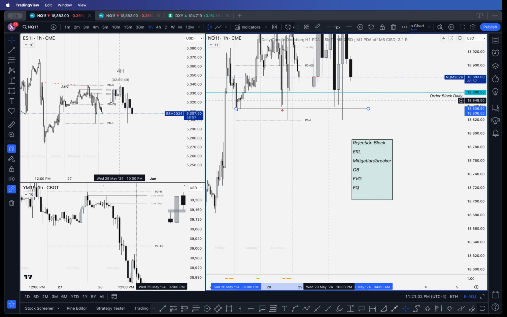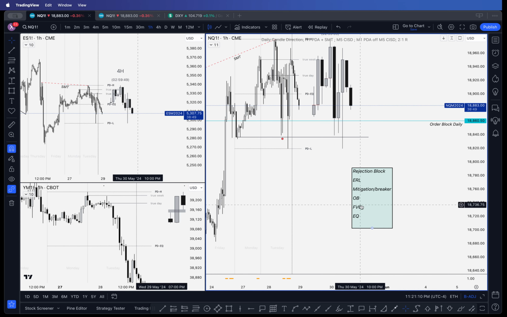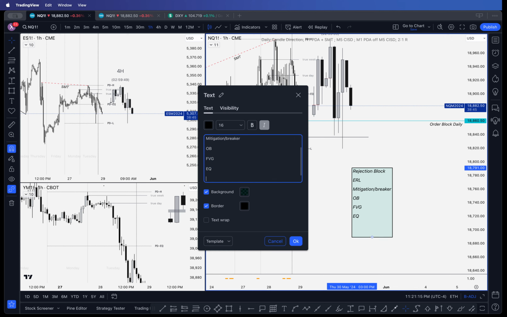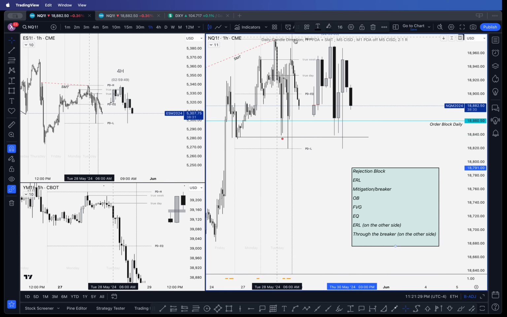You'll start with a rejection block or external range liquidity, probably above that. Then you will have a mitigation of the market. When price moves higher, you will be offered an order block, a fair value gap. There'll be equilibrium of the range. And then price will reach into what? External range liquidity on the other side. It will trade through the breaker on the other side, eventually reversing, and then you'll get this on the buy side of the curve.